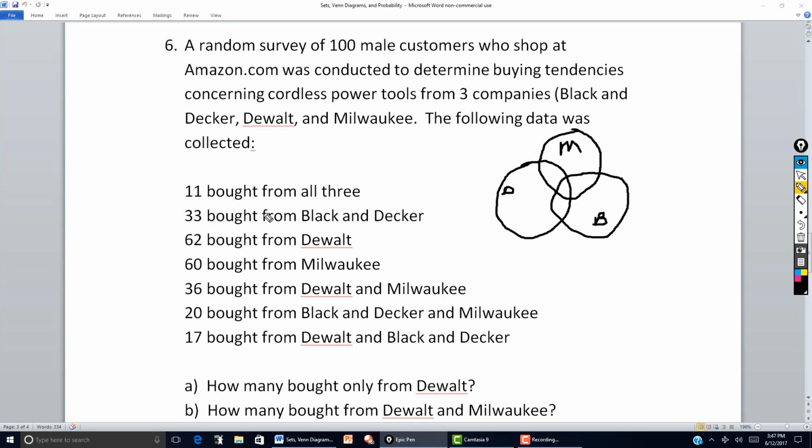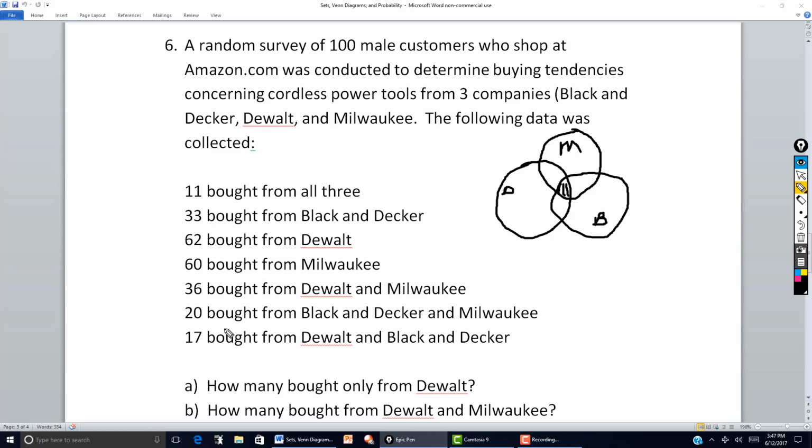The order these will be given might differ, but in this case, the first one is where you want to start. 11 bought from all 3. This intersection right here is for all 3, so this is 11. 60 bought from Milwaukee. Again, I can't fill that in because I don't know this region here or this one here.